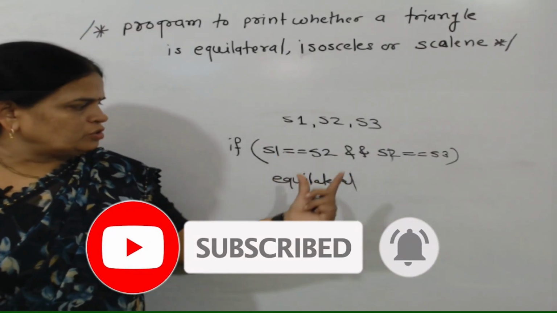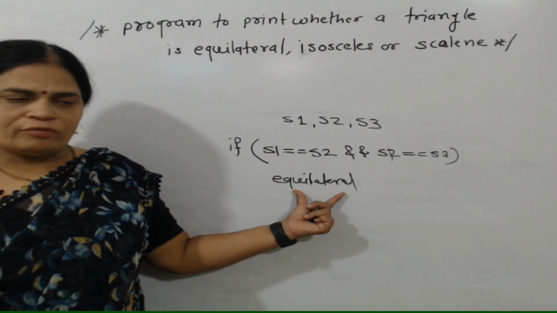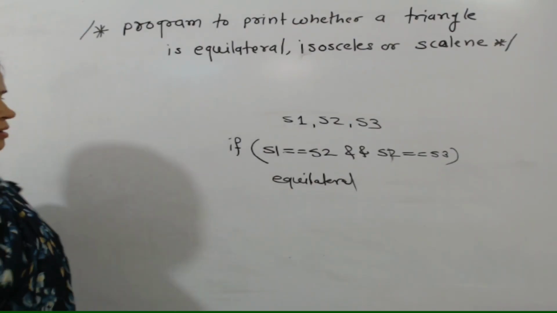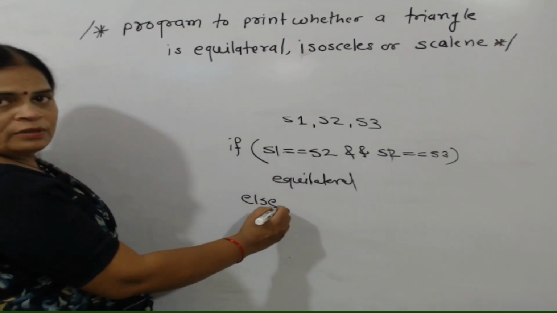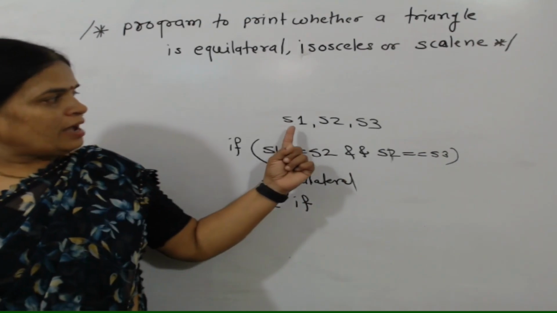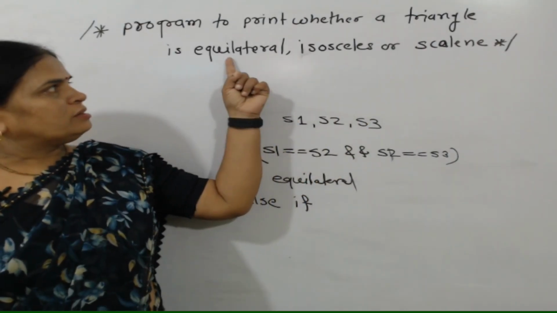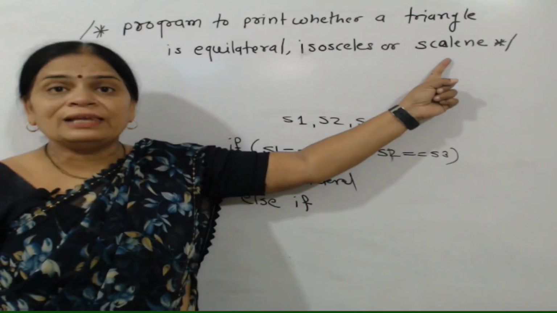If this condition is true, then the triangle will be an equilateral triangle. Firstly we will see the logic of this program. Then you have to print that the triangle is an equilateral triangle. But if this condition is not true, then I will check the next condition. Here I have three choices: either the triangle will be equilateral, isosceles or scalene.